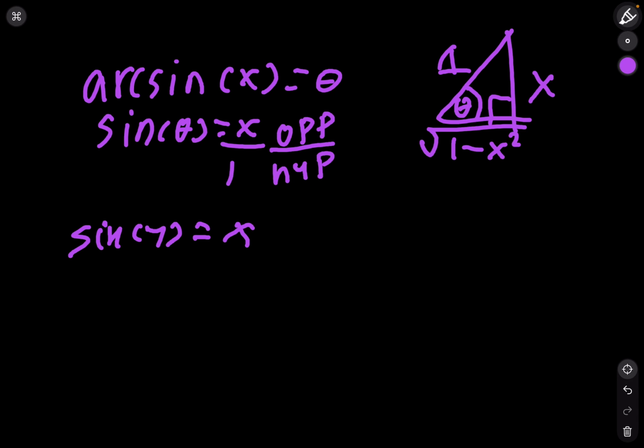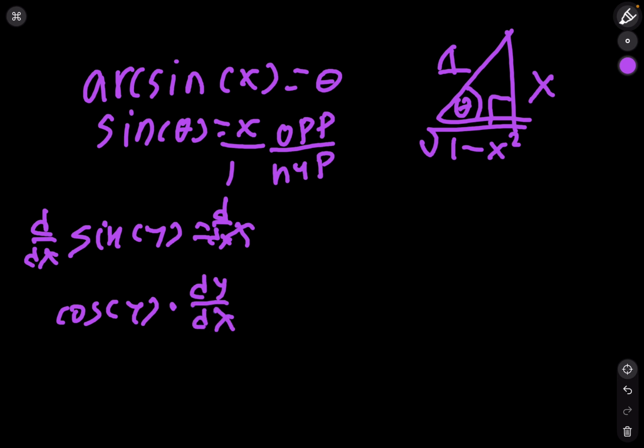But essentially from here, if you were to take the derivative of both sides, you would get cosine of y times dy/dx, because you're taking the derivative with respect to x, and then you're taking the derivative of y. So dy/dx is equal to 1, because the derivative of x is just 1. And then for cosine of y, we can look at our little triangle, and we can see that our adjacent side is the square root of 1 minus x squared.